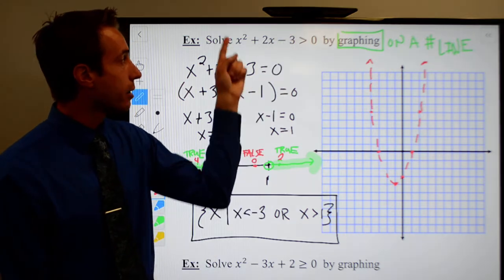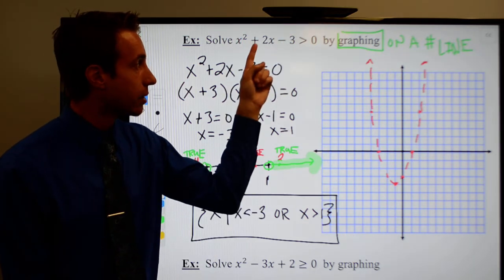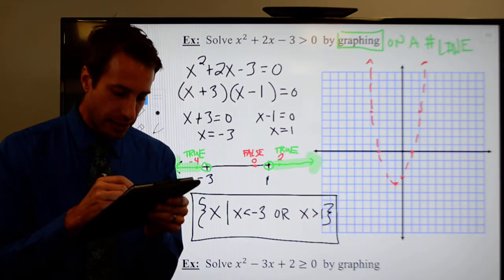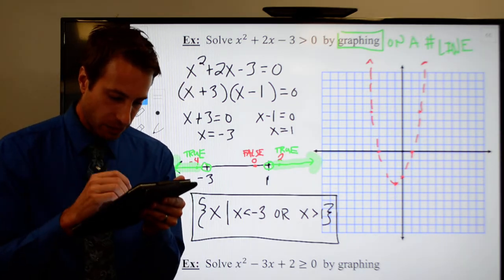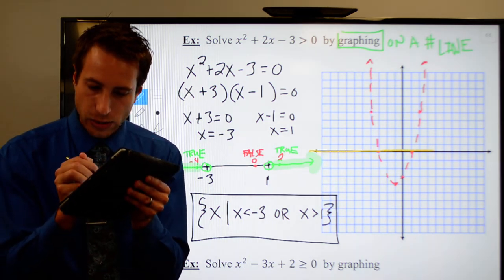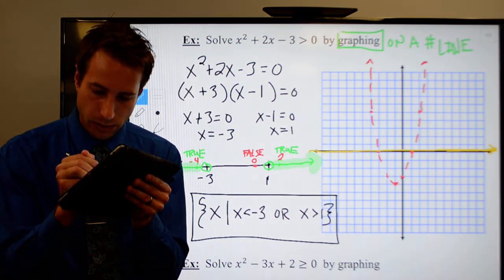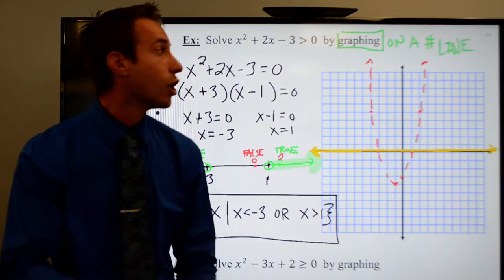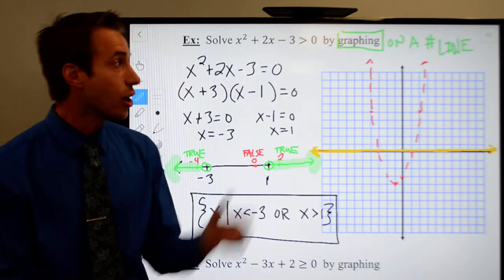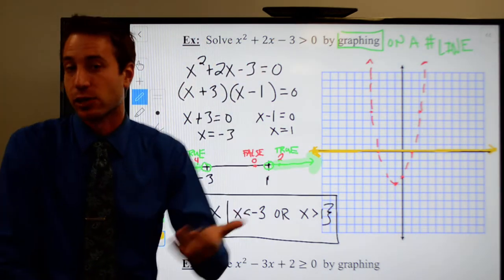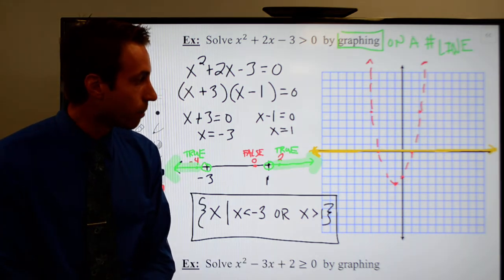Where is this quadratic greater than 0? Well, if I'm using the x-axis as my dividing line, which I am, right there is y equals 0. It's the x-axis. The inequality is asking me, where is my graph above the x-axis? Where is it greater than 0?